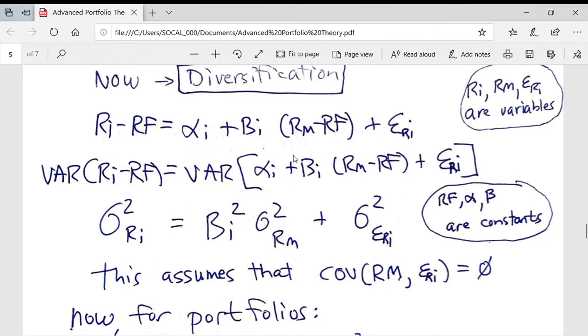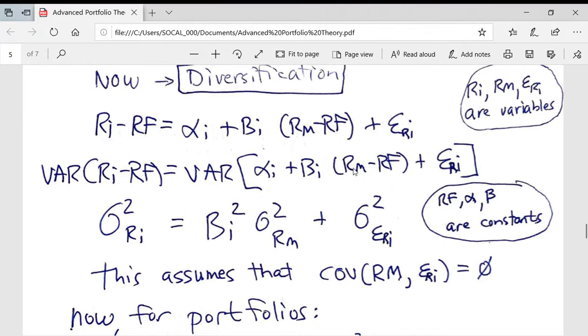Over here we have the sum of three terms. The first term is a constant. Constants don't have a variance, so there's a zero that's not even showing there. Then we've got a constant multiplied by a random variable minus a constant.